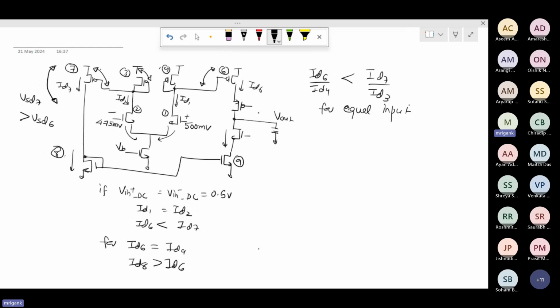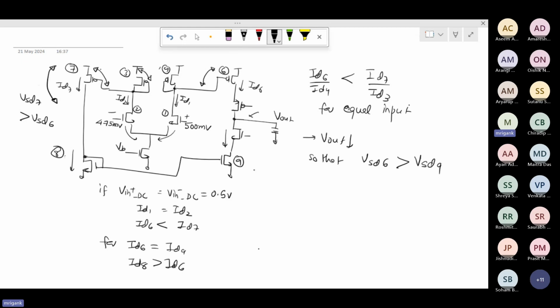The circuit will pull down the DC voltage so that the VSD of 9 reduces and VSD of 6 increases, right? So this will lead to lower V out so that VSD of 6 becomes significantly higher than VSD of 9. And as a result, the current becomes similar or becomes equal.